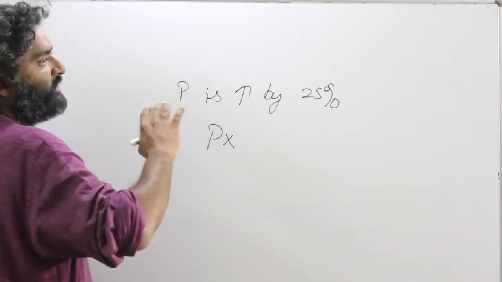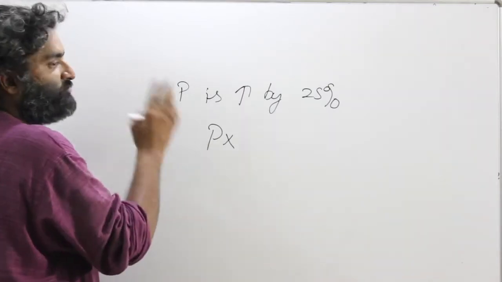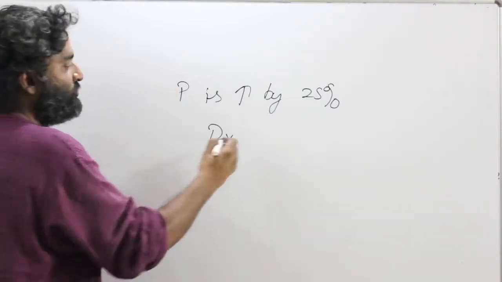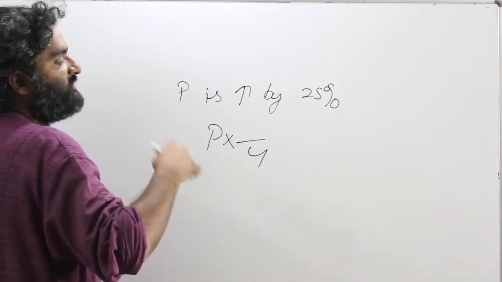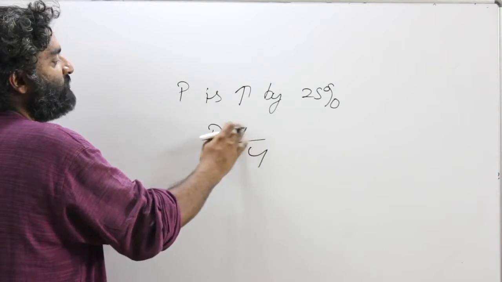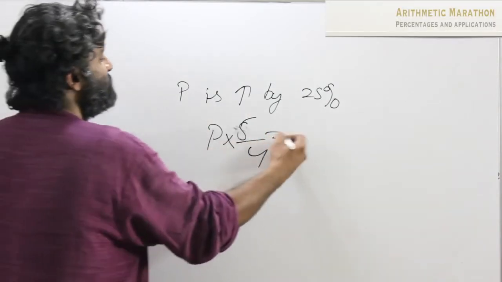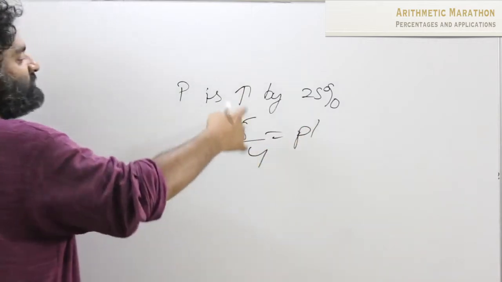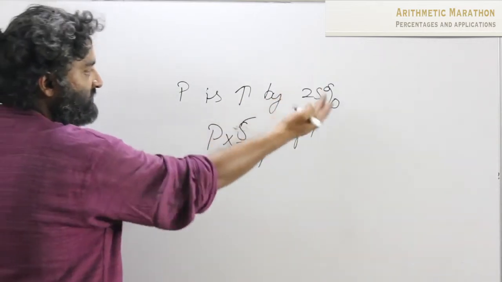Now 1 by 4, it is increasing by 1 by 4. Just assume this as 4 by 4, so your denominator will remain 4, and it is increasing by 1 by 4. So here it would have been a 4 by 4, but it is increasing by 1 by 4, so it is becoming 5 by 4. So this is equal to P dash. This is what we want to do without any errors and very quickly, because it's a very easy step.